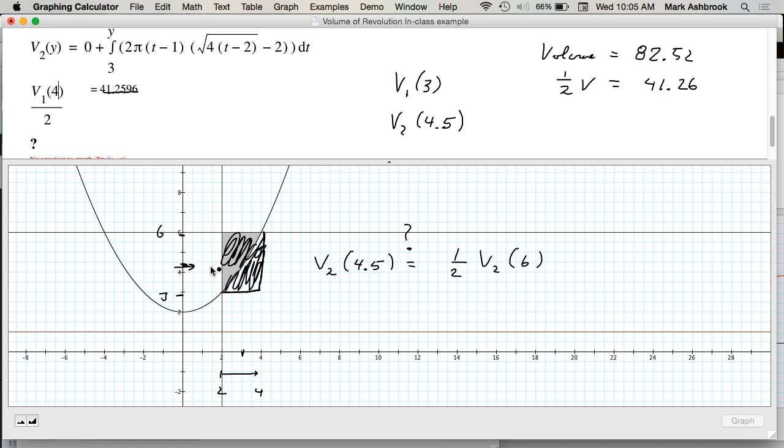So there's going to be more than half the volume in the outside half than there is in the inside half. So V2 of 4.5 is still going to be, even with the rectangular cross-section or region to start, less than half of all the volume. Do you see that reasoning? Do you understand that?